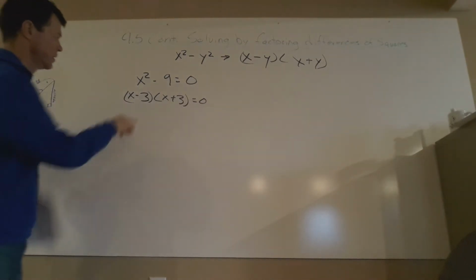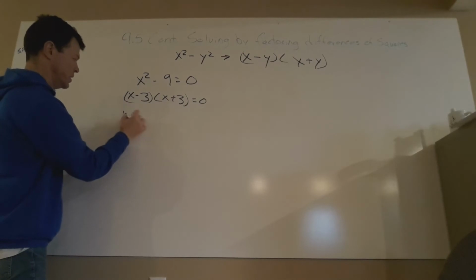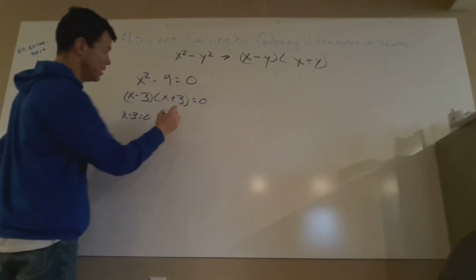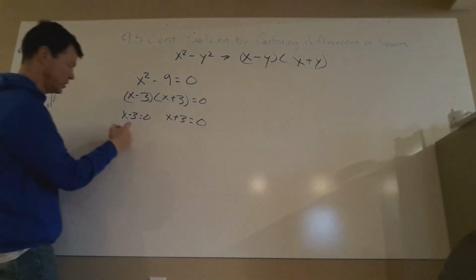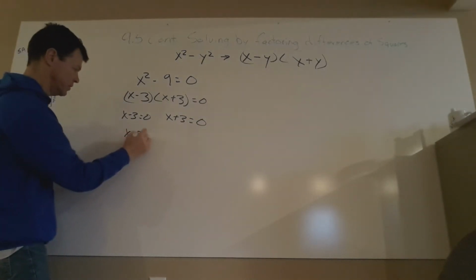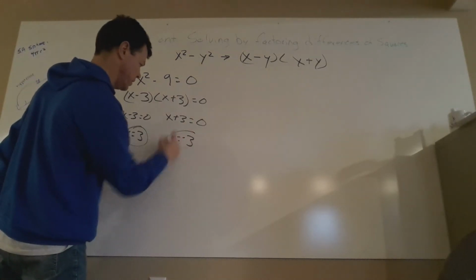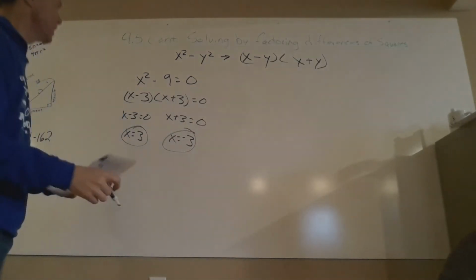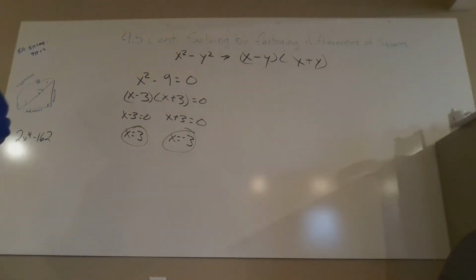So solve each one of these as if they do equal 0. x minus 3 equals 0. Second one, x plus 3 equals 0. When you solve this side, x equals 3. This side here, x equals negative 3. So very, very simple on this. We'll start out simple and we'll work our way to a little more challenging.